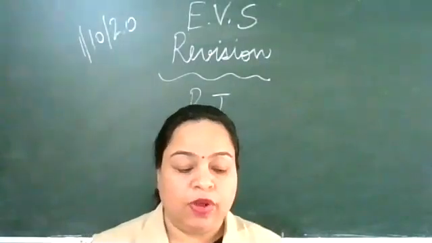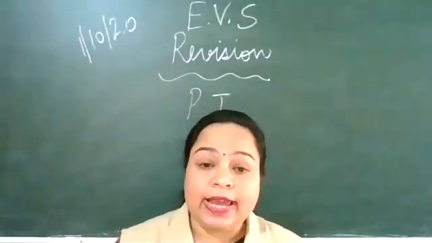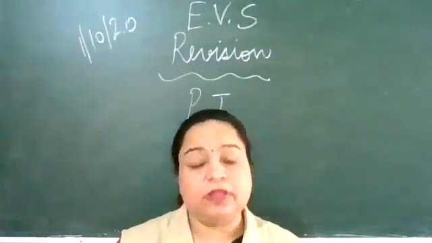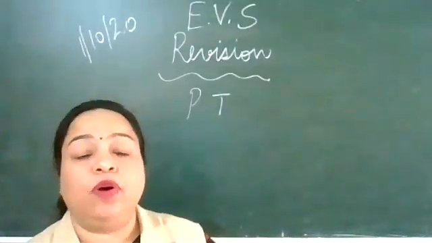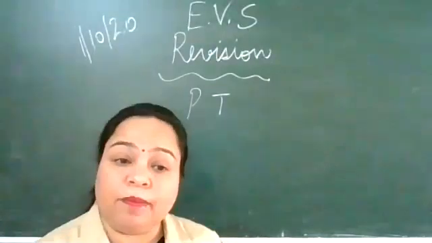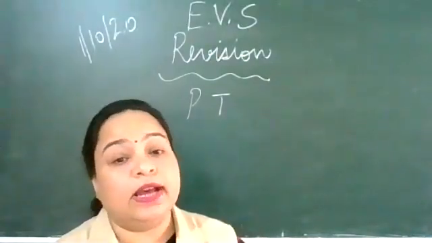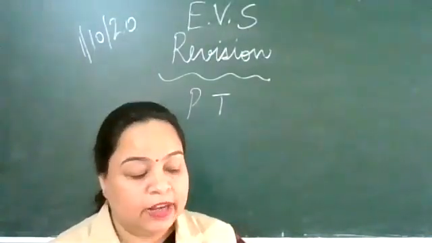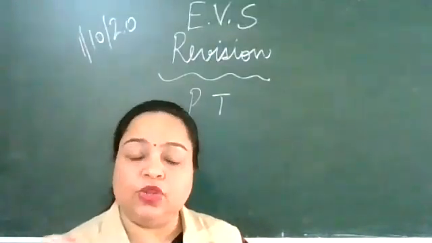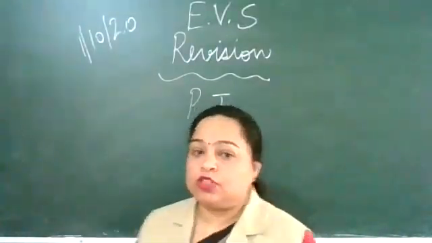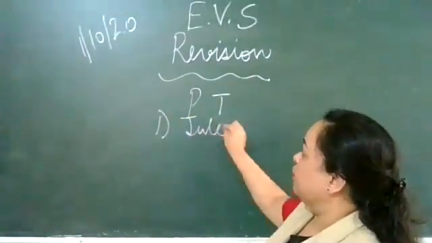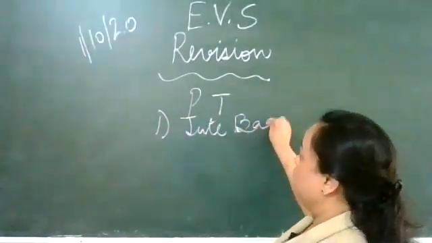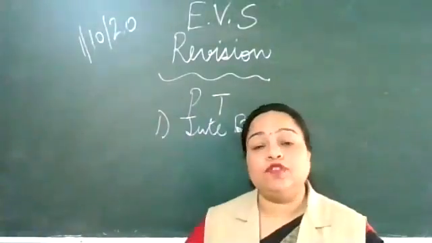What you have to do is take these examples, or you can take your own examples. You can use your brains, and you can take other examples also. First, take one example. Suppose you are making one on jute bags.